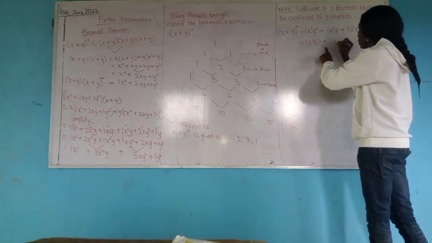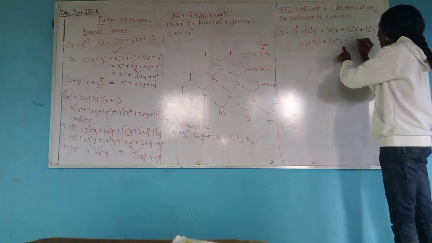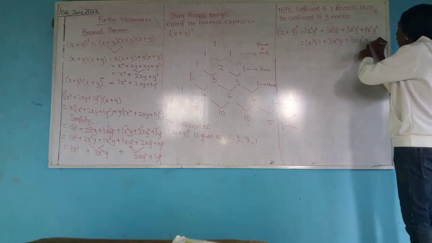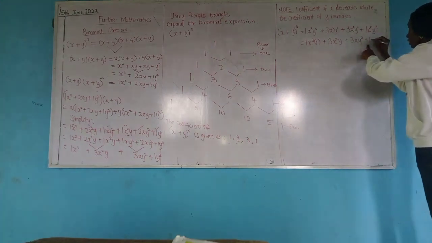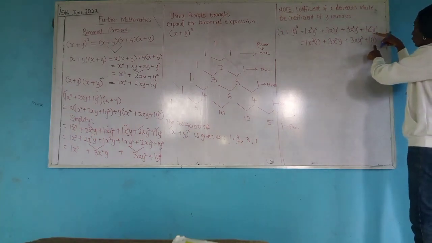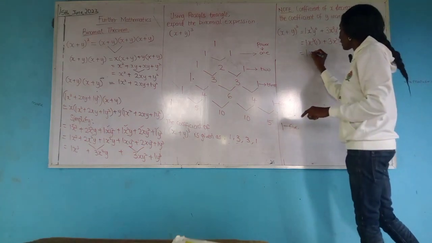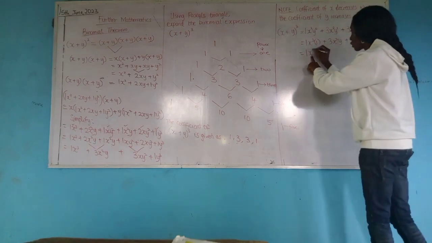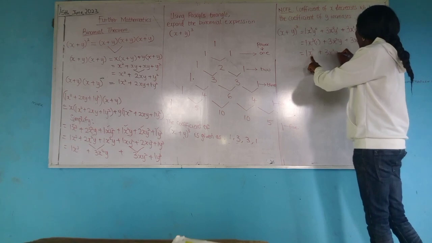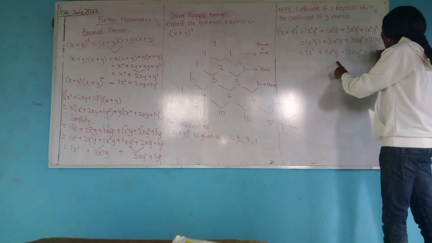Plus 3x squared y raised to power 1 is y, plus 3x raised to power 1 is the same thing as x, y squared, plus 1 x raised to power 0 again, it's also 1, because anything raised to power 0 is 1, and y raised to power 3. So this is the same thing as saying x cubed, plus 3x squared y, plus 3xy squared, plus y cubed.